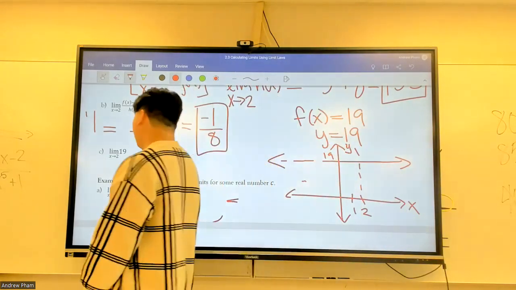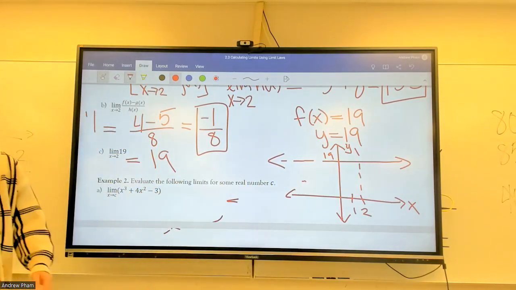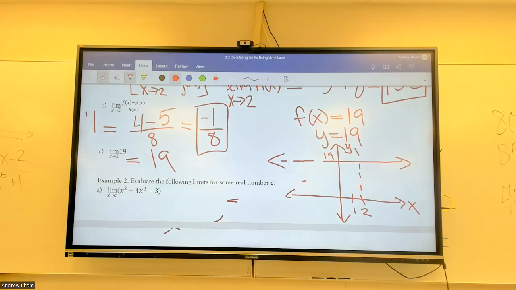So what's the limit of 19? It's 19. So this gives us a very big limit law that I didn't include before. The limit of a constant is that same number. So if it was the limit of -42, then that would still be -42.